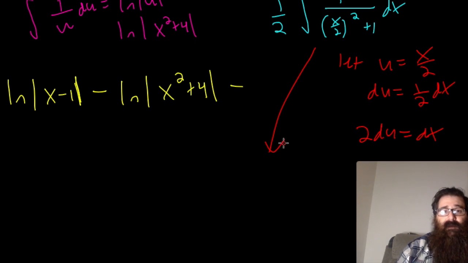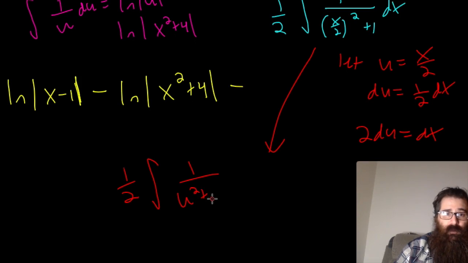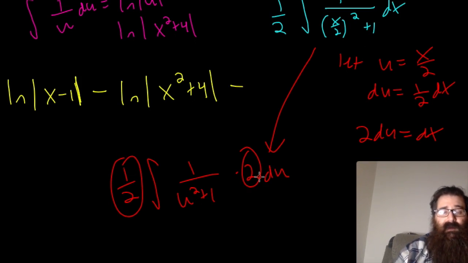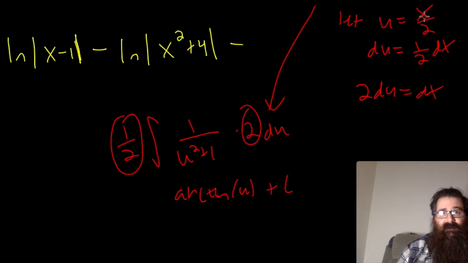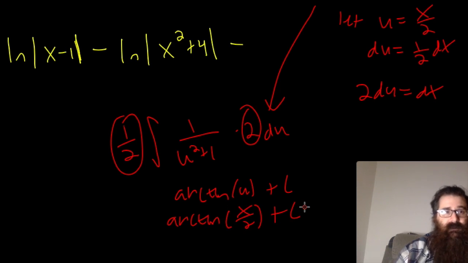And I can rewrite this as 1/2 the integral of 1 over u squared plus 1, and dx can be replaced with 2 du. Now the 1/2 and the 2 are going to cancel, so I'm really just left with the antiderivative of 1 over u squared plus 1 du, which gives me arctan of u plus my constant c, and then I can back substitute to get arctangent of x over 2 plus c.